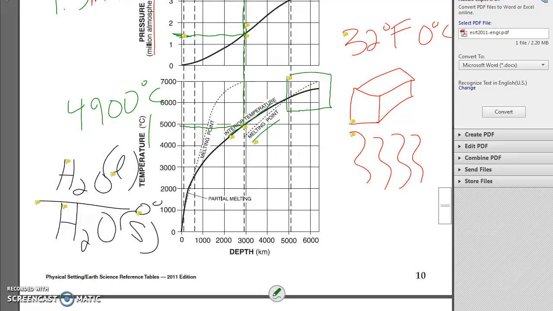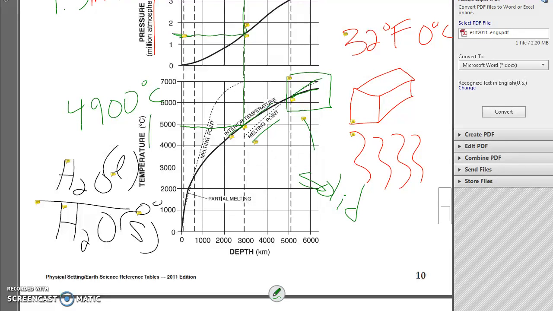Well, in the Earth's interior, in the deepest part, in this case the inner core, the temperature line is below the melting point line, which means the temperature is less than the melting point. So has it heated up enough to exceed the melting point and melt? No. So this is going to be a solid. The inner core is a solid.